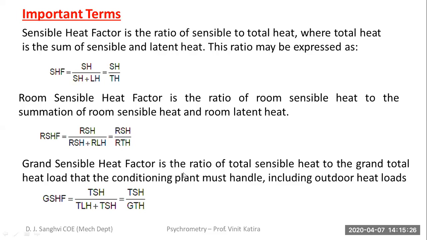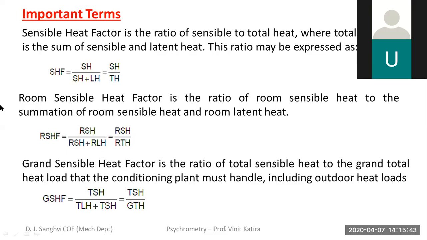Yes, sir. Okay. So one thing you need to also infer from this is the slope of grand sensible heat factor line. Now we know what the sensible heat factor line is, right? The process of cooling and dehumidification for your summer air conditioning.